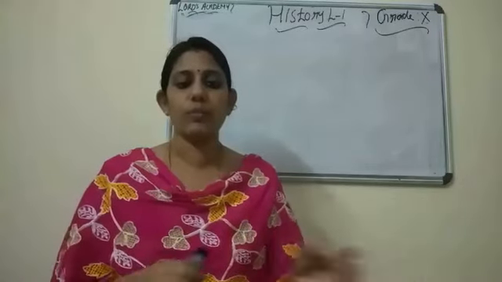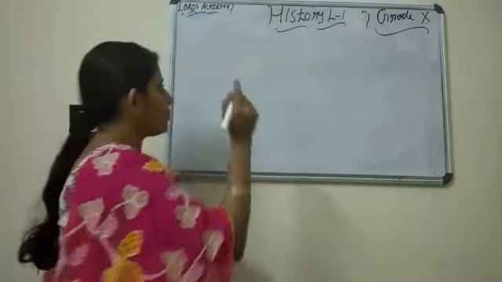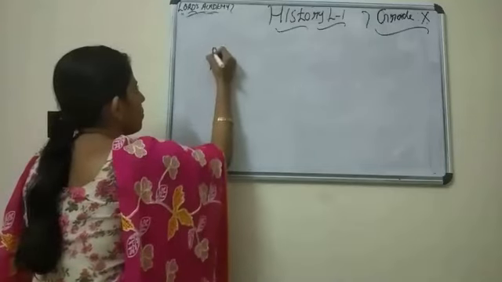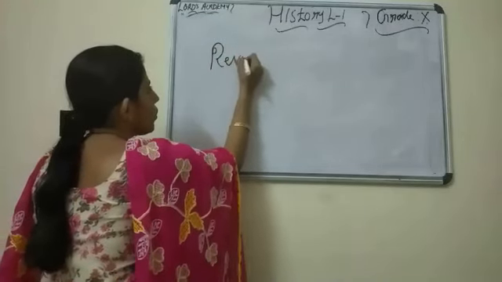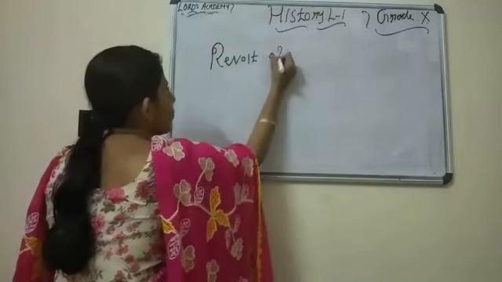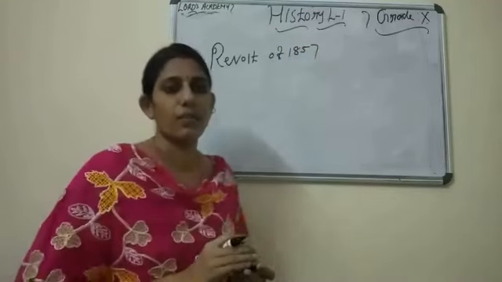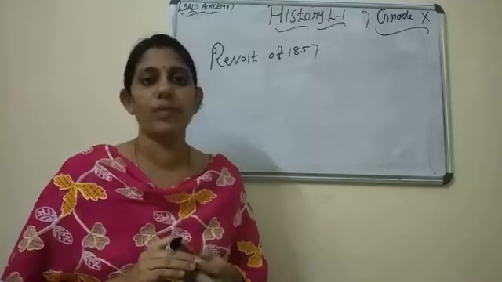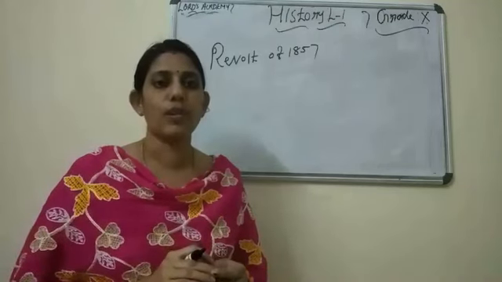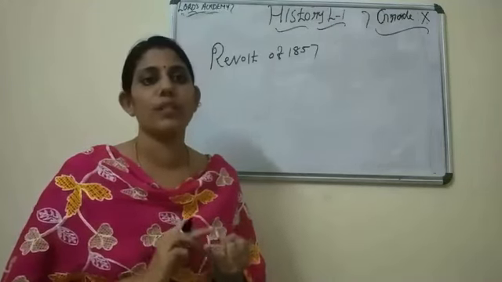Today's new chapter, the first chapter, is about the First War of Independence, also known as the Revolt of 1857. There are three different names for the Revolt of 1857. One is the Revolt of 1857.